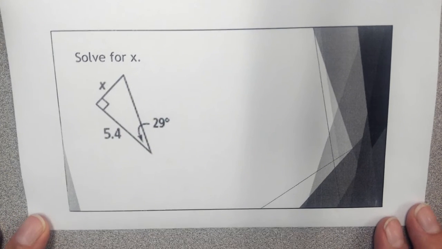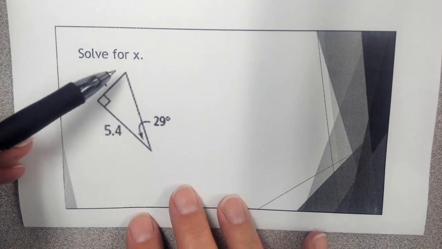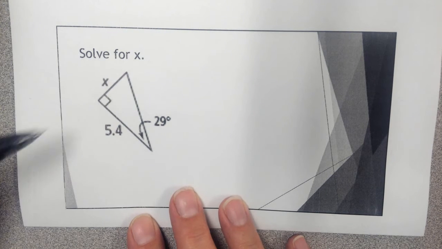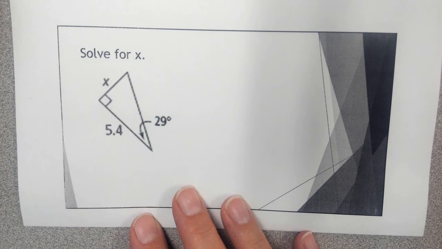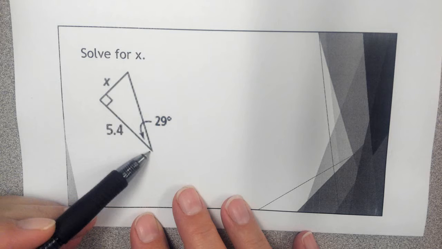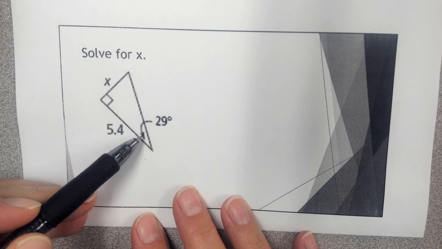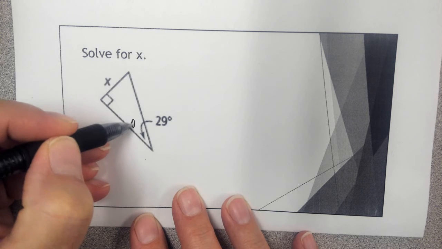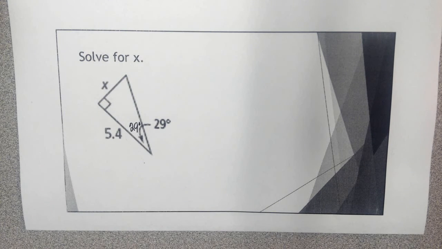Alrighty. Okay, so I'm supposed to solve for a missing side because x is a leg of the triangle. I can't use the Pythagorean theorem because I don't already know two sides. I know one side length, 5.4, and I know one angle measure, 29 degrees. And if it's easier to see, you can write the 29 degrees inside the angle.